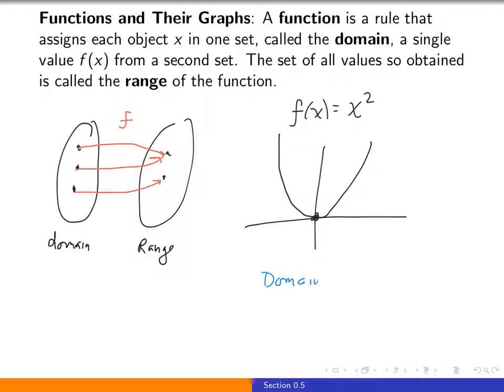Well, we can plug anything into a squaring function, so minus infinity to infinity. And the range is made up of all possible outputs of the function. So we think of that along the y-axis here. We see all possible outputs are from 0 to infinity.